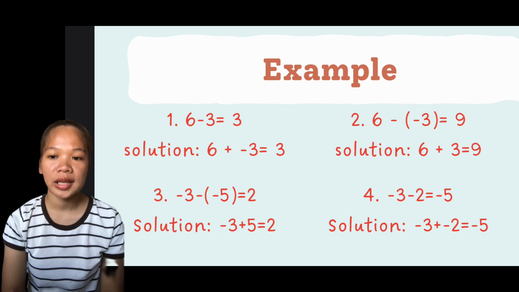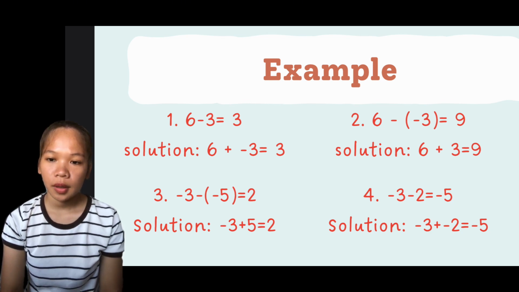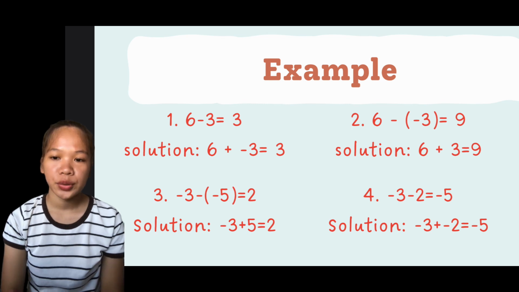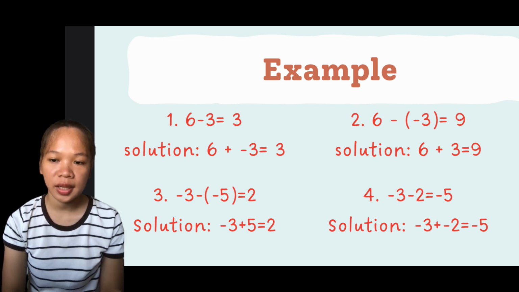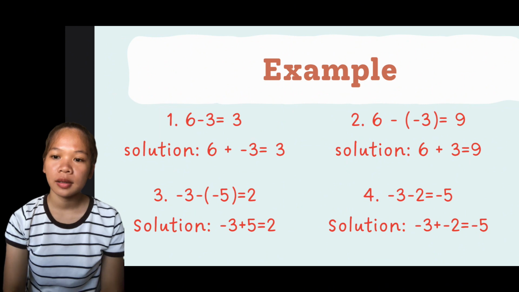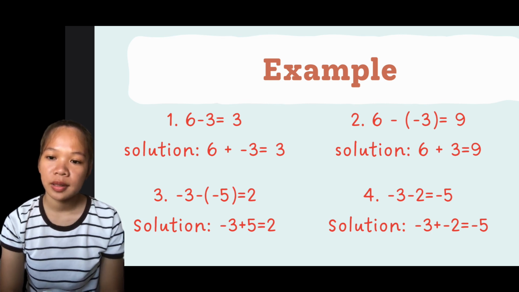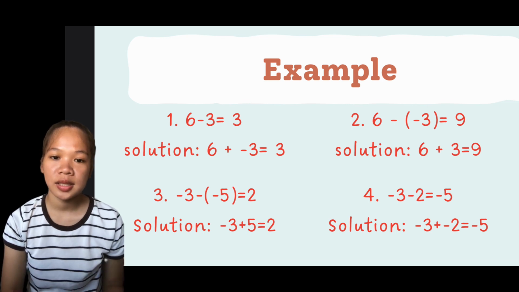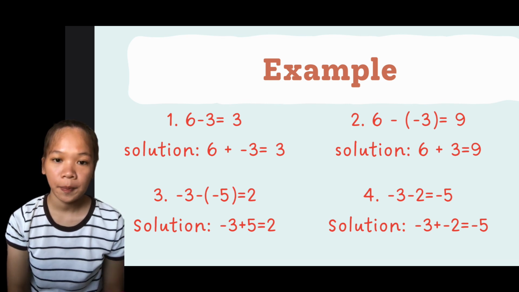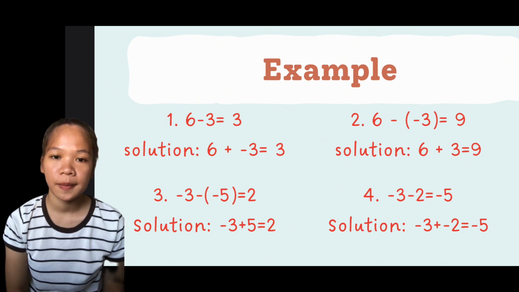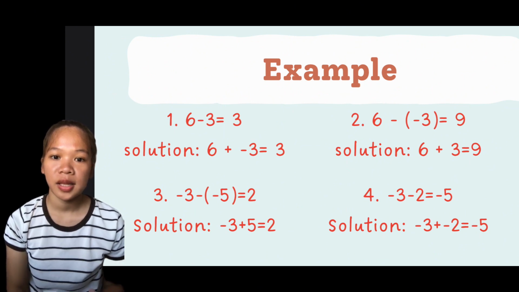So I have here an example. So number 1, makikita nyo we have positive 6 minus negative 3. Diba? Positive 6 minus negative 3. So we have here sa solution nasa baba. So, 'di ba, yung 6 ay hindi na natin i-replace yung sign niya.